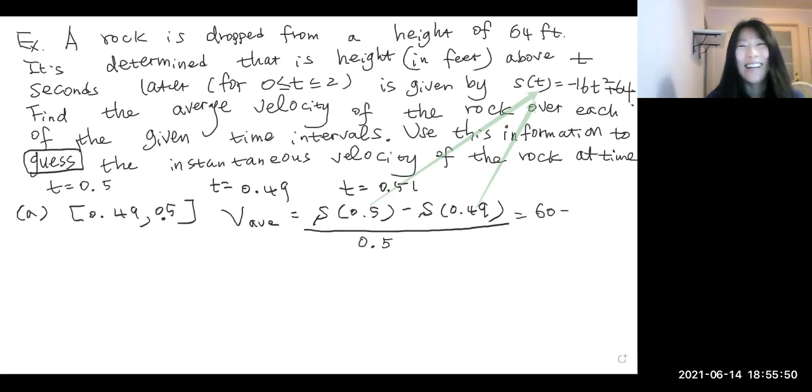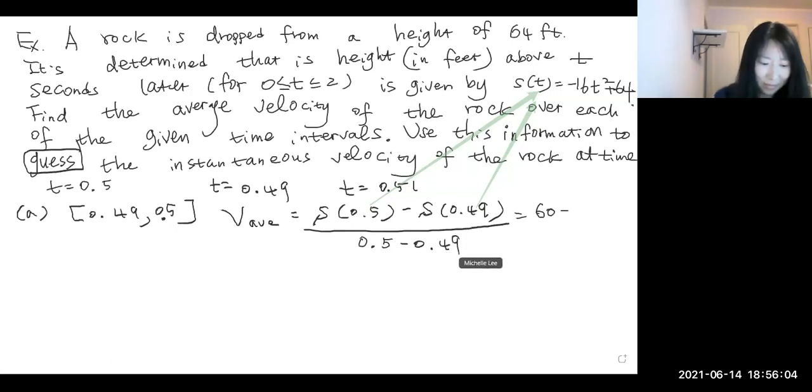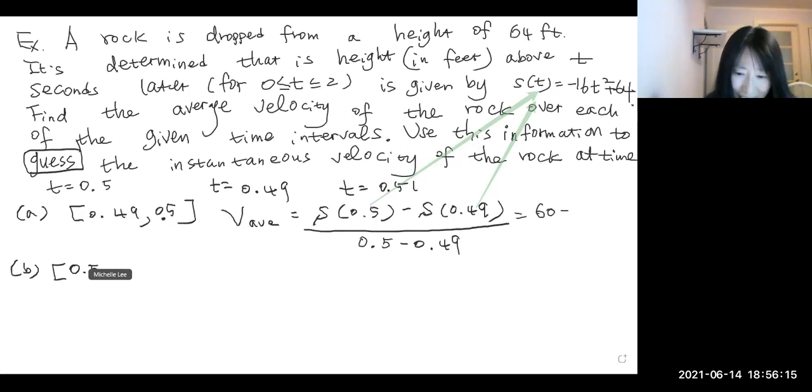S of 0.49. What do you get? It's okay. I got 60.1584. Sorry, 68? Thank you. And then what else? Okay, I got 60.1584.